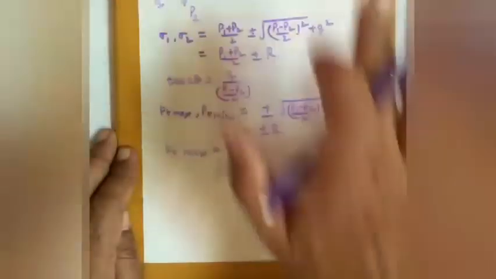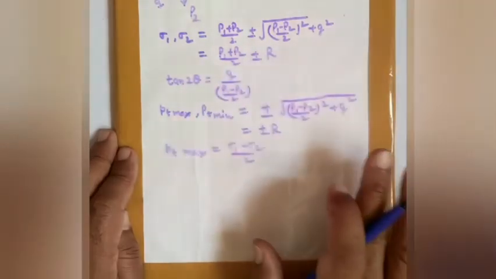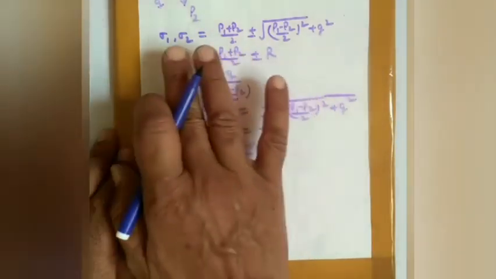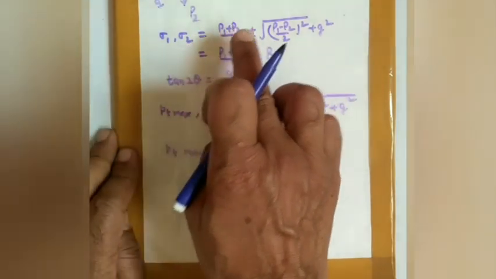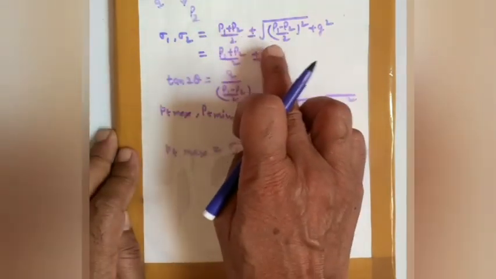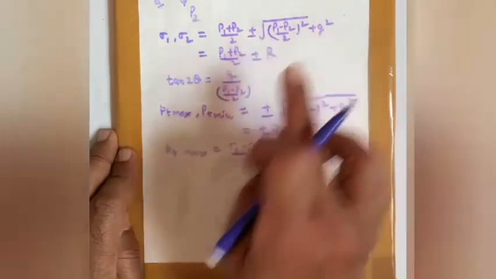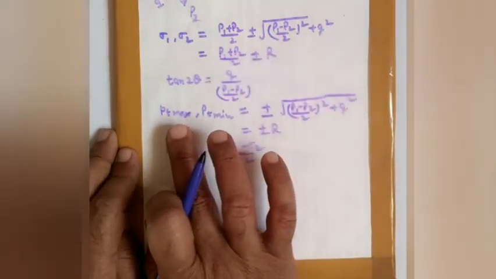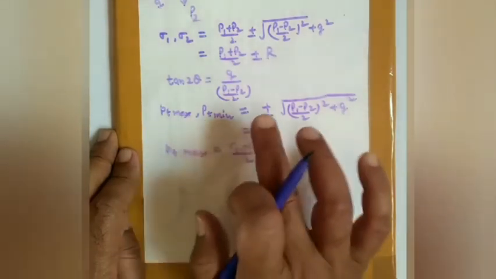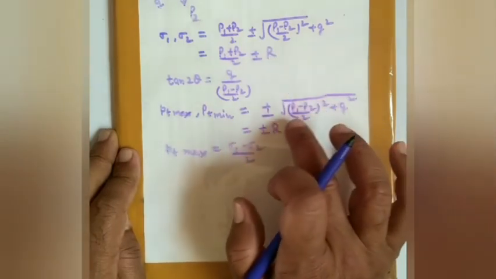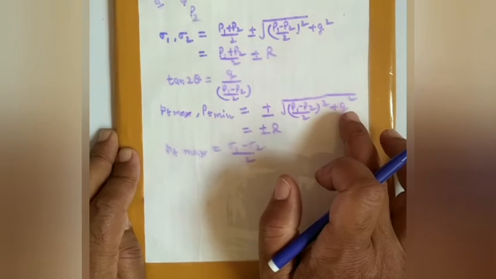So to conclude with principal stresses and the relations we have derived so far: sigma max, sigma min is equal to (p1 plus p2) by 2 plus minus root of ((p1 minus p2) by 2) whole square plus q square, and maximum shear stress and minimum shear stress, pt max, pt min, is equal to plus minus root of ((p1 minus p2) by 2) whole square plus q square.